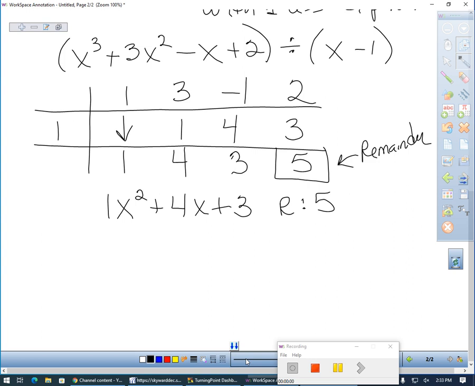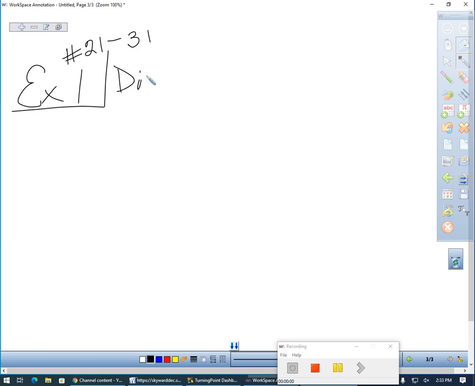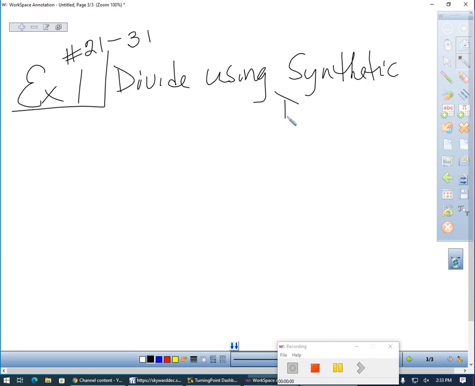Here we go with example number 1. This is what you were doing for numbers 21 through 31. It's going to ask: divide using synthetic division.